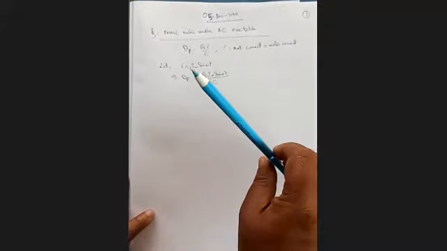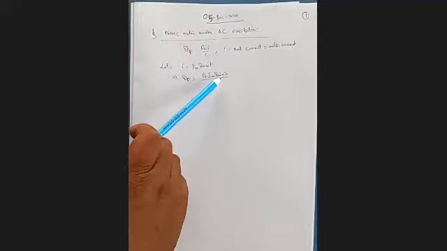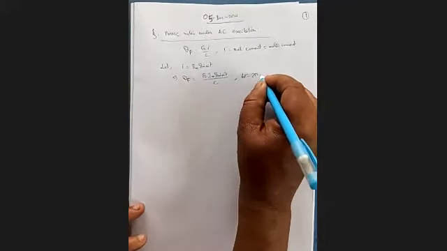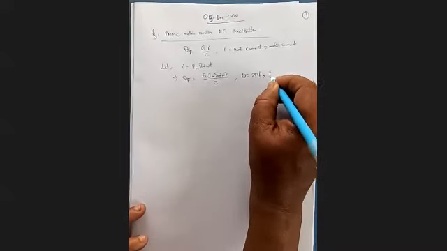But a PMMC instrument has certain mass. The moving system has some mass, and therefore it has some inertia. Now our applied frequency is normally omega equal to 2 pi f, where f is 50 hertz.